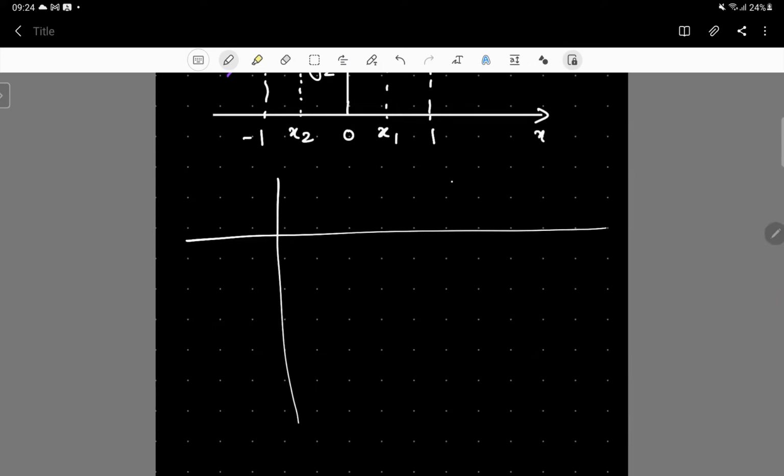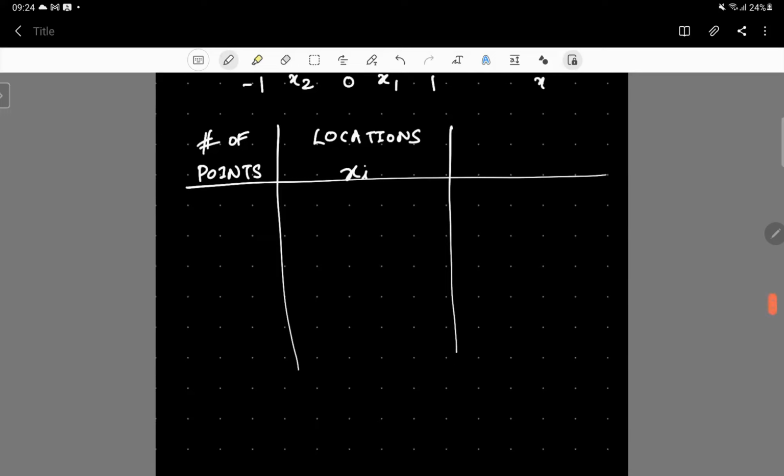Based on the number of points to be considered in the integration scheme, there are certain locations we have to select over x values, and of course we need to also write down the associated weights.